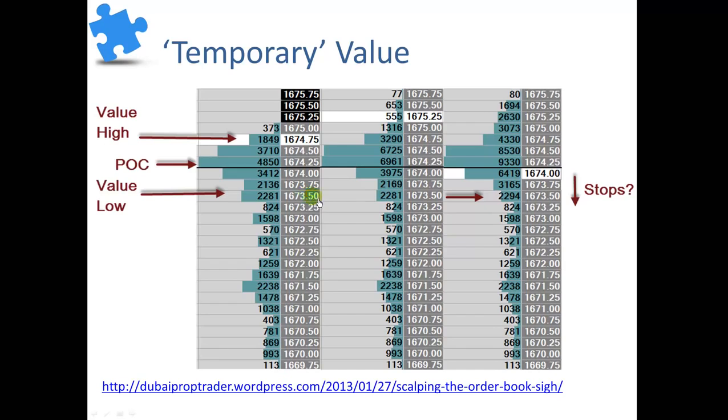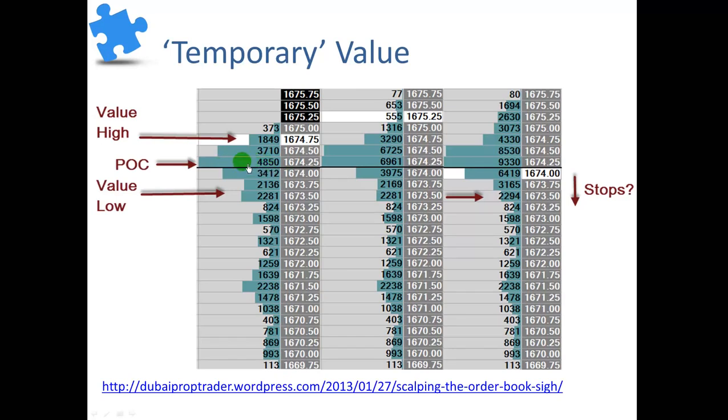The value low could also be described as cheap. That's one way to describe a value low. And then 1674.75, that's our value high. Another way to look at a value high is that it's expensive. And then we've got this thing in the middle where we've got much more volume than the other prices, and that's called the point of control.